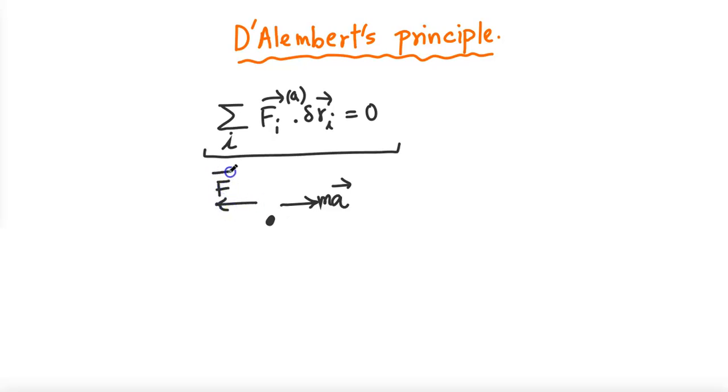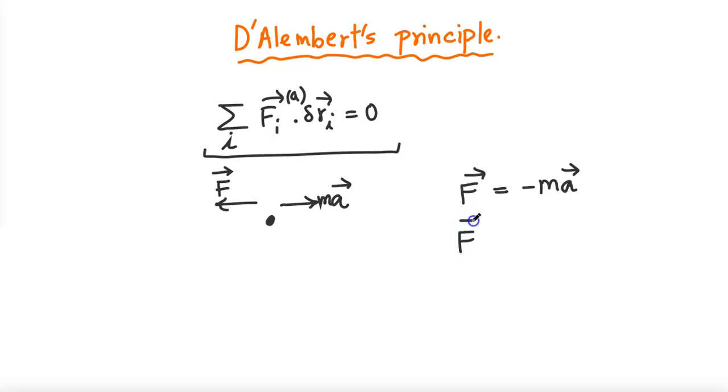Let's call this F bar and make it come to rest. Then you will get F bar is equal to minus m a bar, because m a bar is in this direction and F bar is in the opposite direction.